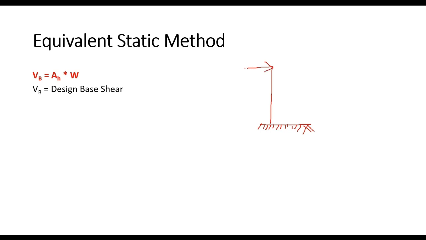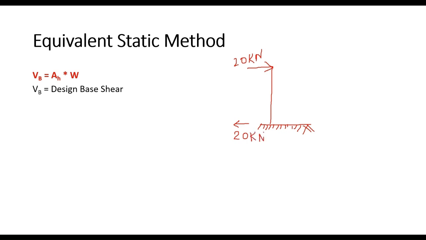Let's say the lateral force acting on this structure at the top of the building is, for example, 20 kilonewton. When the load of 20 kilonewton acts on this structure, it will offer a reaction of 20 kilonewton in the opposite direction at the base of the structure.